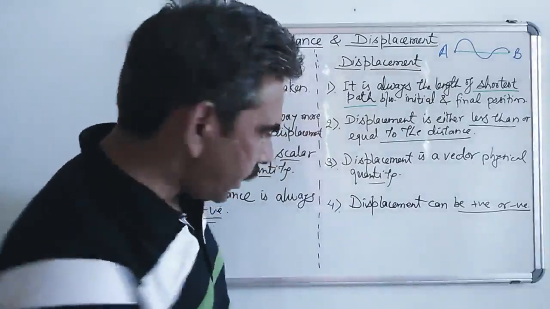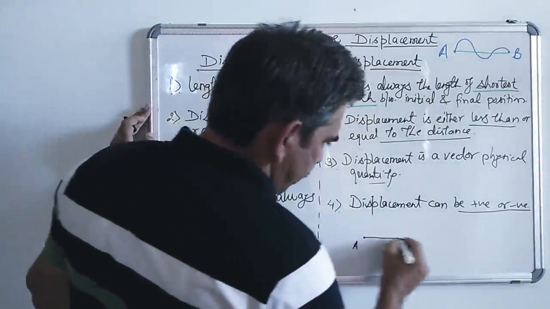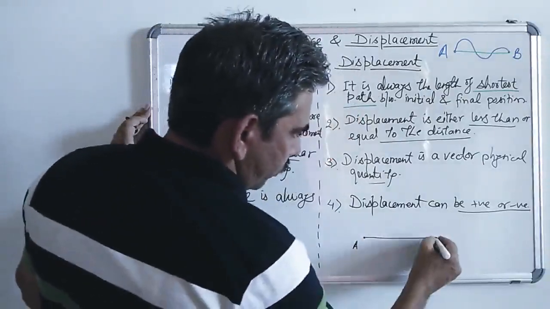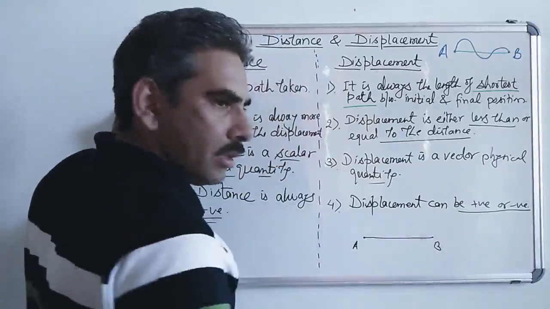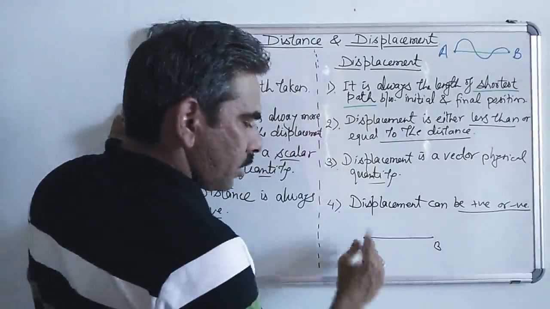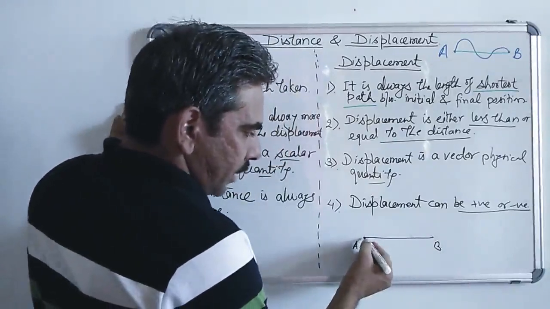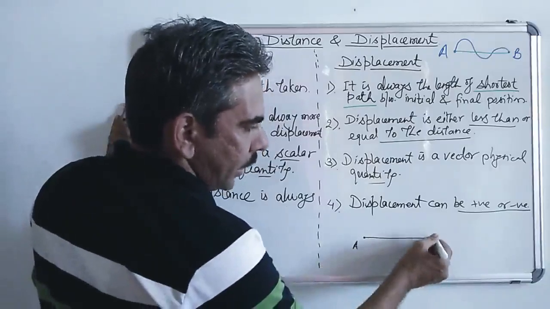Let me draw it here. Suppose the journey has started from initial position A and moved to position B along the straight line, as we are discussing in this chapter. So during straight line translatory motion, the object is moving from A to B along the straight line path and the journey has completed at point B.